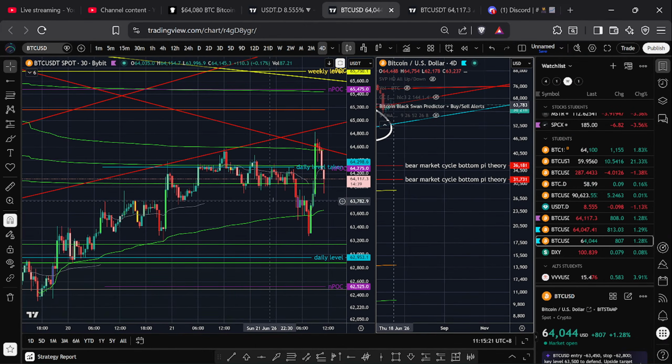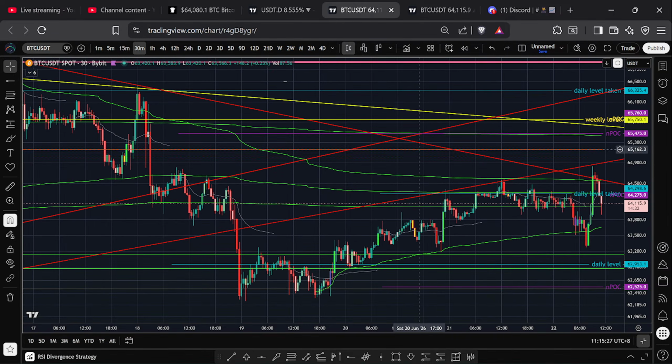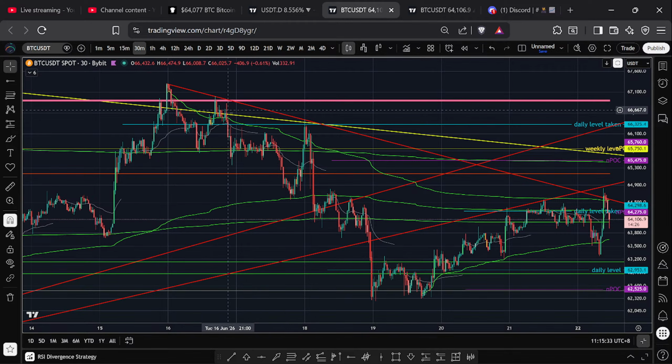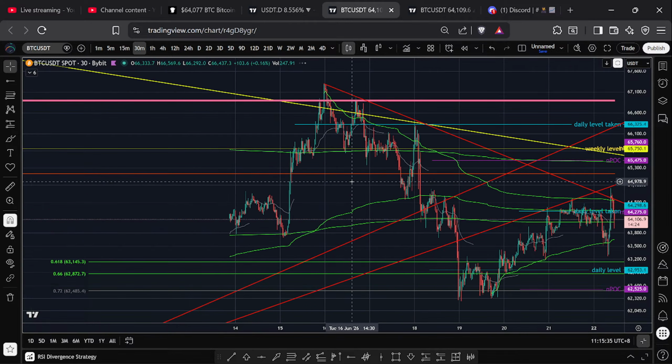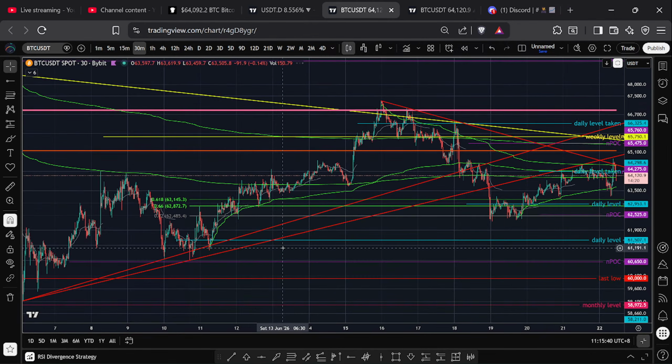Okay, and then we have a look here on our levels chart. From the bottom here, this trend line, we can see it's getting rejected all the time.